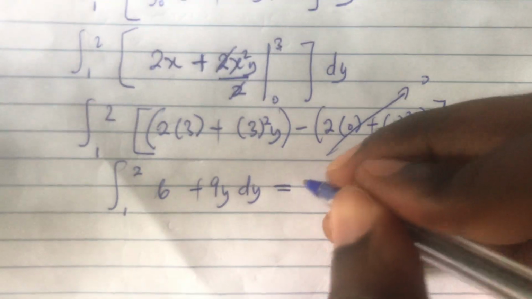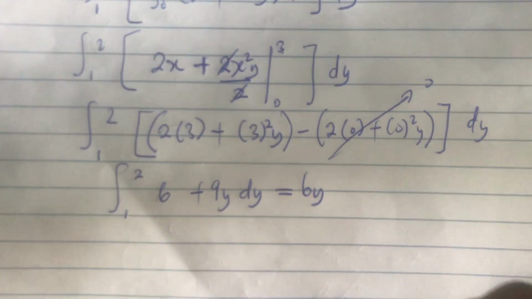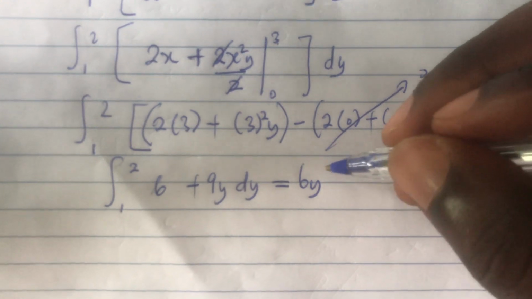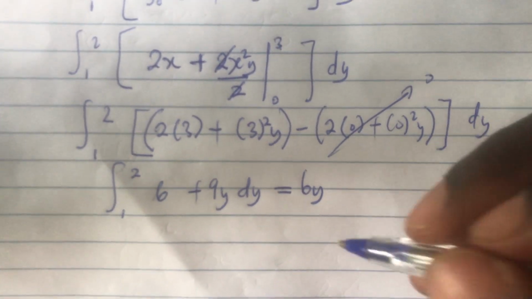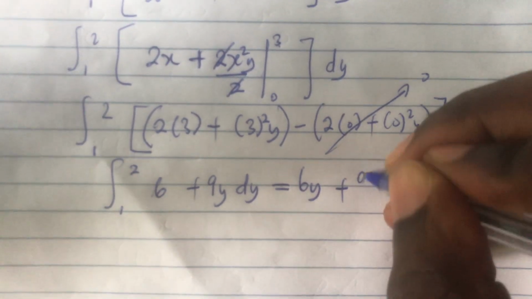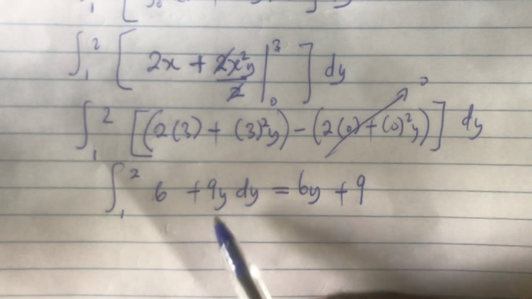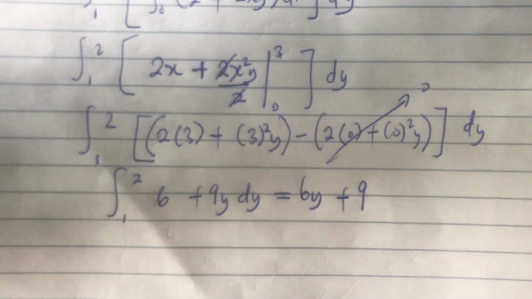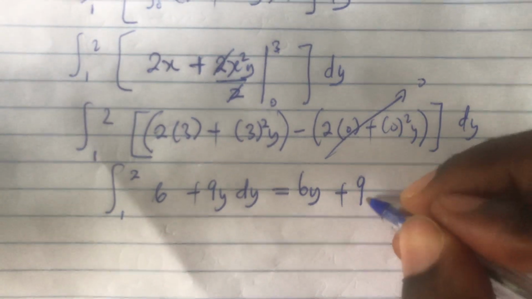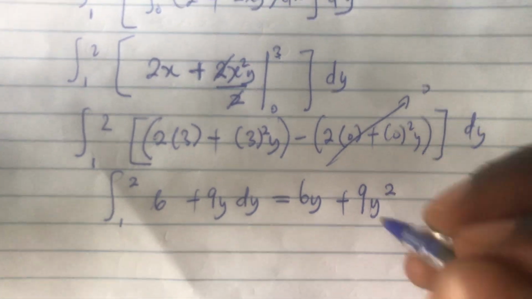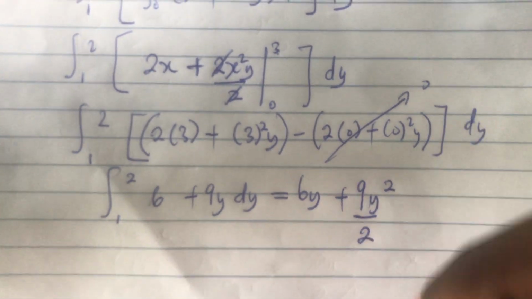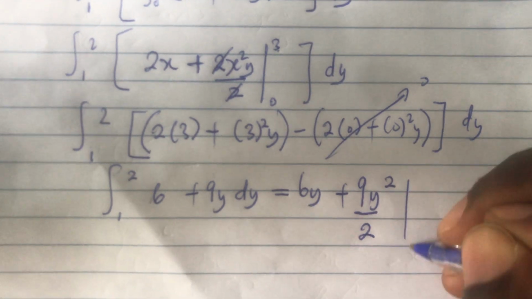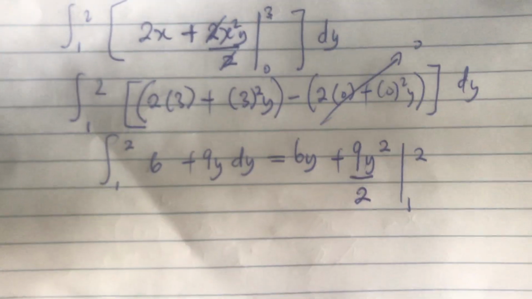So you have 6y. And the power of y is 1. If you divide by 1, you get 6y, plus 9. The power of y here is 1. So when you add 1 to the power, you get 2. So y squared divided by 2. And it's from 1 to 2.